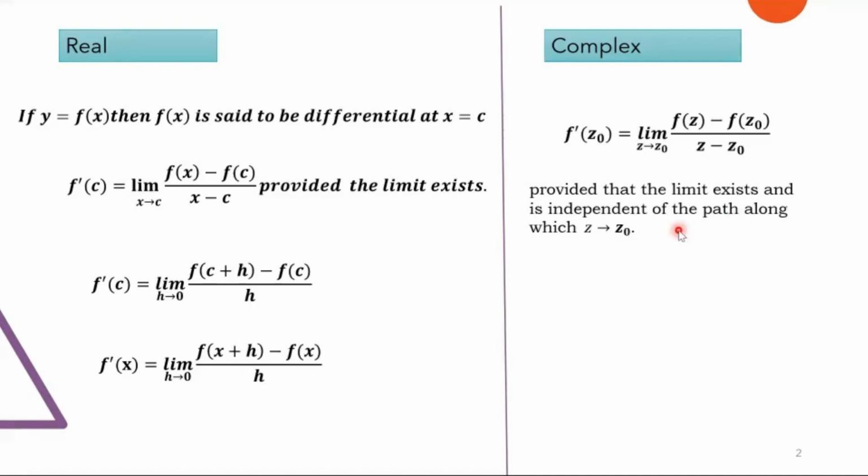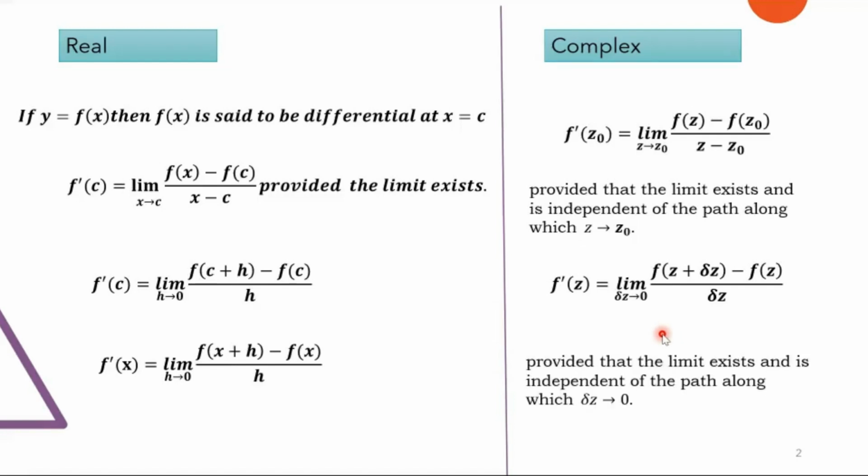This is very important. तो हम लोग ये दो concept हमको use करना है. And then similarly we have the first principle here also in the case. Same condition that delta z has to tend to 0 along any path, but the value of this has to be unique. Or we should get this single value for f dash of z as delta z tends to 0.